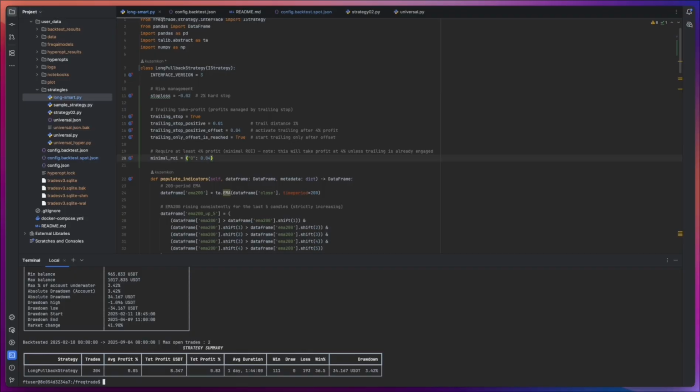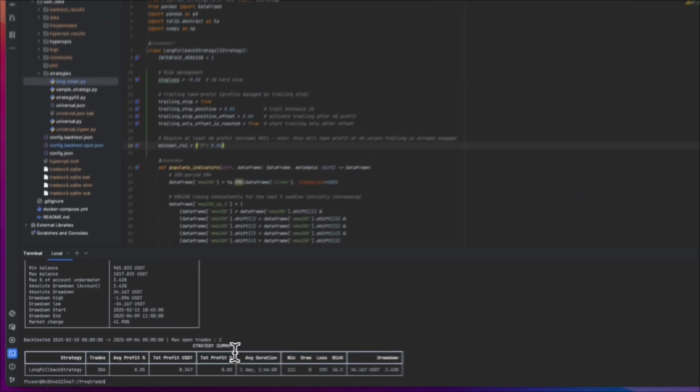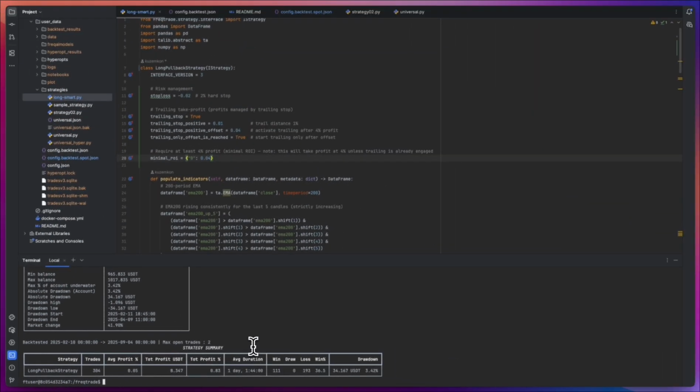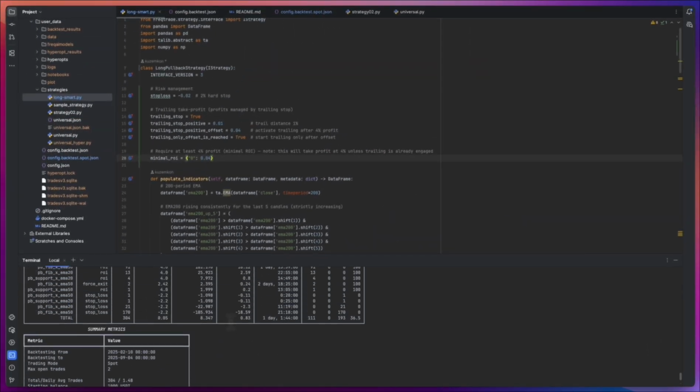The problem is that we're still having a winning percent of 36.5, which is really low. So most of our trades are bad. We should aim to have 60% winning. But the benefit is that when we win, we win big. Still, our profit is negligible. We are trading for a certain amount of time and our profit is really negligible.